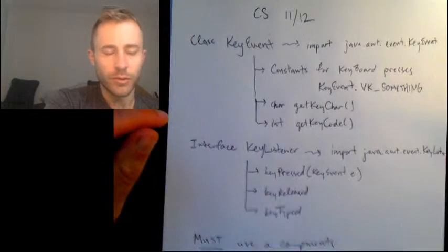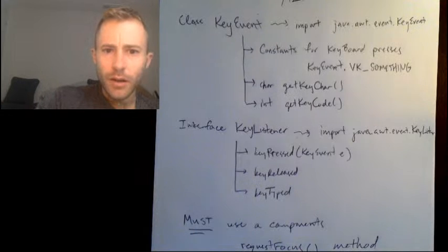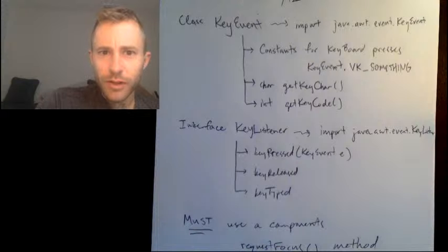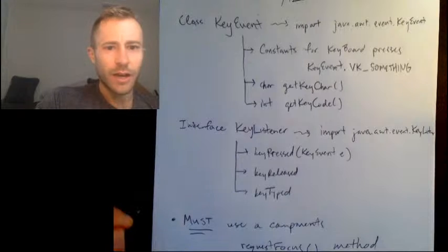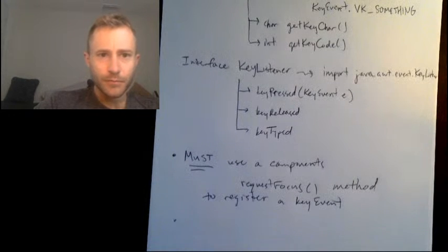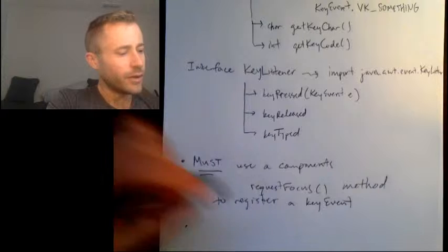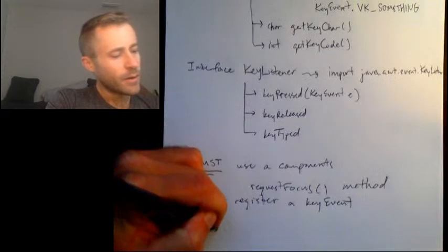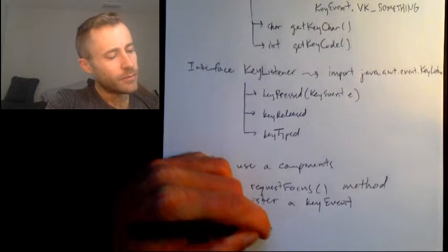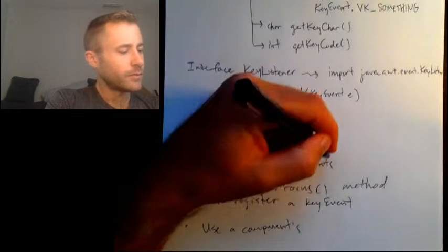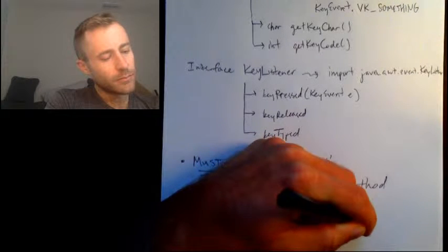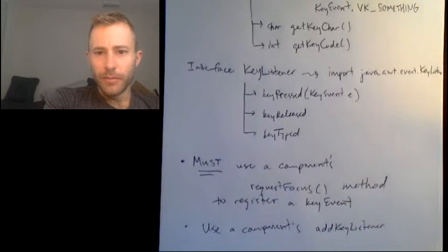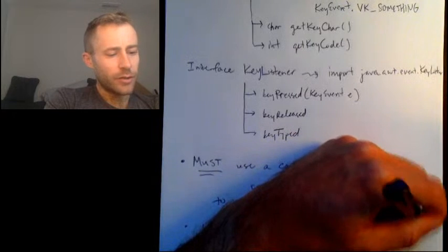Otherwise, your program will do nothing. So I'm just looking through my program to see if I left anything out that was important. I guess the last thing is that you use a component's addKeyListener method. So yeah, that's basically what you need to know.